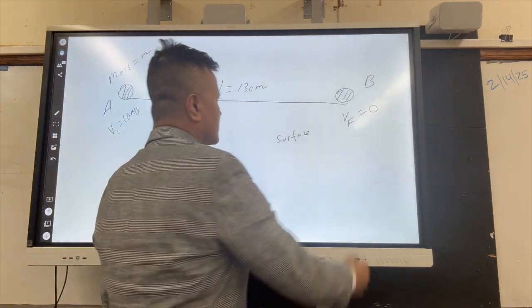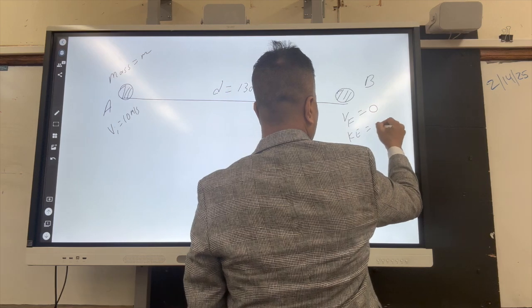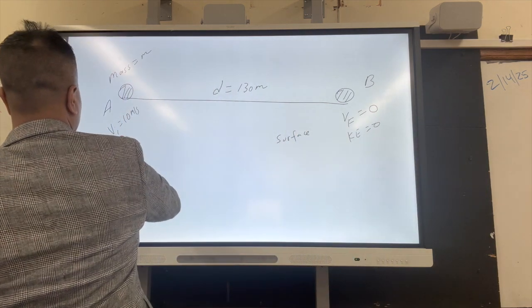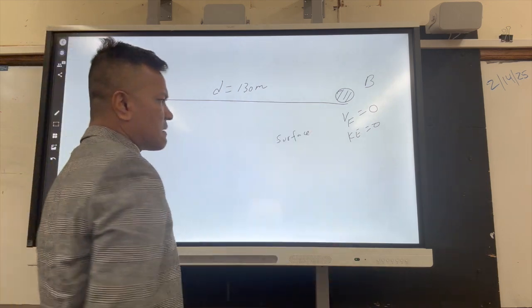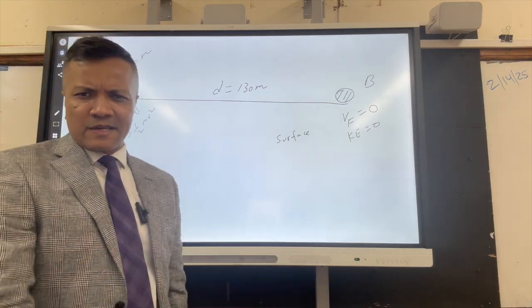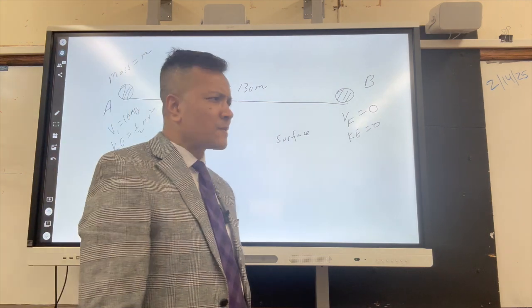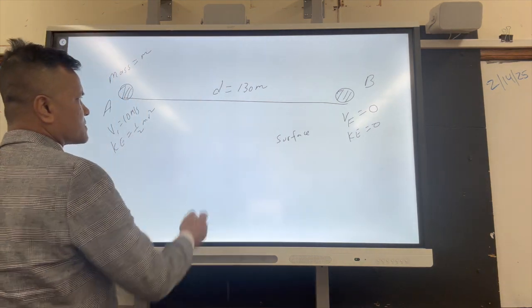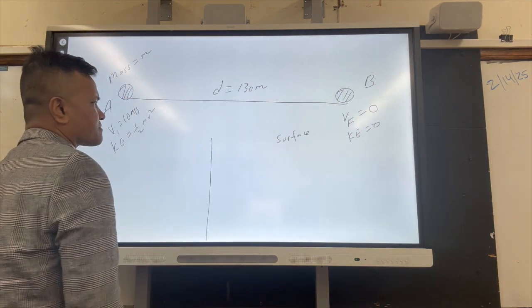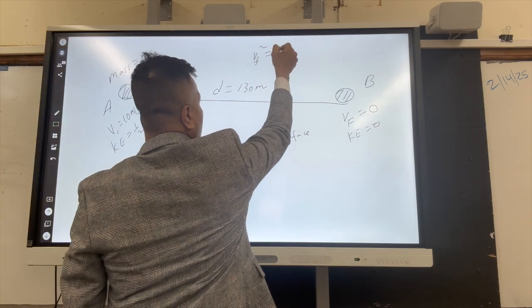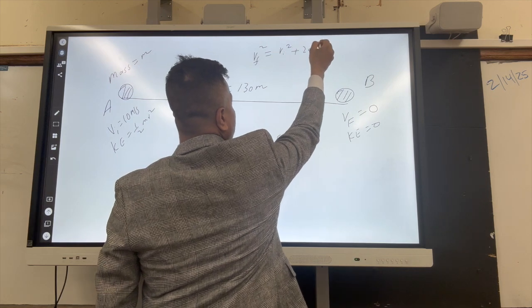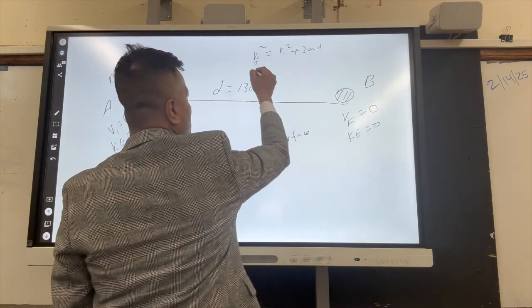Good. You know that kinetic energy over here is 0. Kinetic energy over here is half mv squared. And I don't see any other energy over here, potential energy or any other energy. So how can we solve this problem? There are two ways of solving this problem. Let's do the fast one first. Vf squared is equal to Vi squared plus 2ad. Vf is 0, of course.